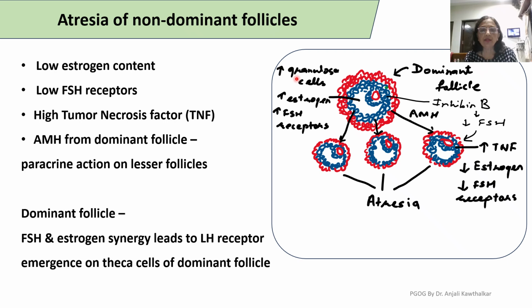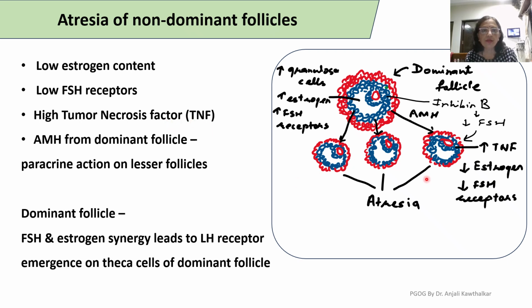Pictorially, we will see the same thing again, why there is atresia of non-dominant follicles. This is the dominant follicle, and the smaller ones are non-dominant. As you can see, granulosa cells are more here, proliferation and estrogen are also more here, and FSH receptors are maximum in the dominant follicle. In the non-dominant follicles, there is low estrogen content, low FSH receptors, and high tumor necrosis factor, high TNF.